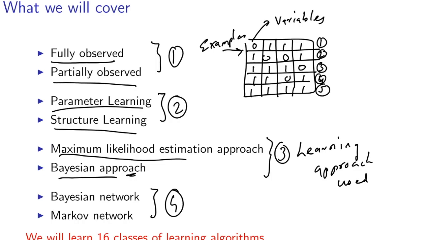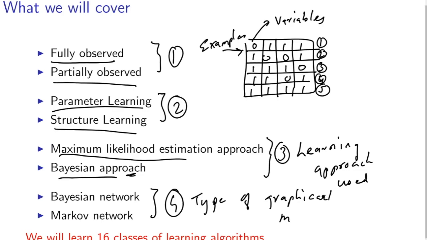The fourth dimension is the type of graphical model used. Namely, whether we are learning a directed model or a Bayesian network, or we are learning an undirected model or a Markov network.